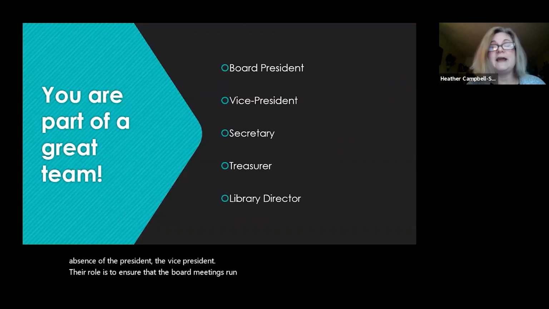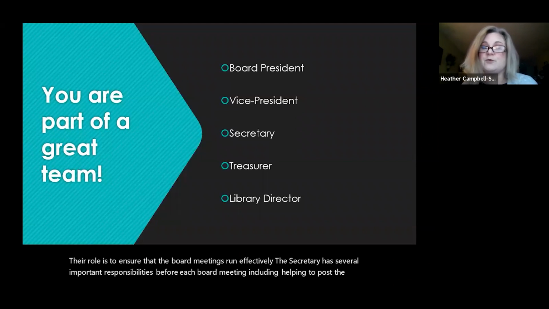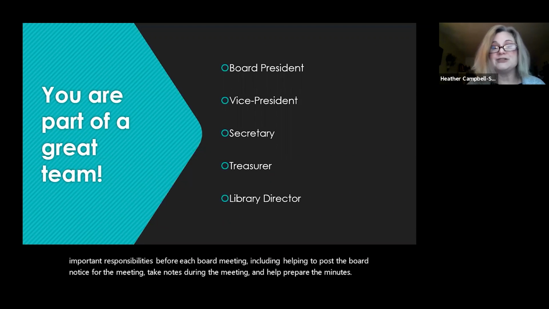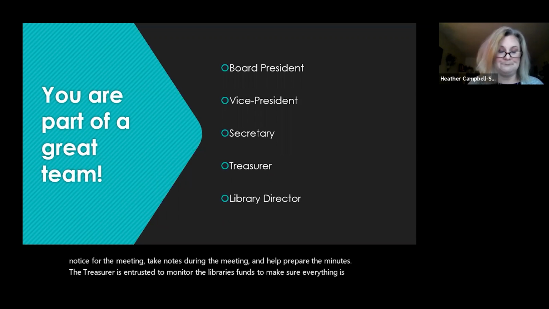The secretary has several important responsibilities before each board meeting, including helping to post the board notice for the meeting, take notes during the meeting, and help prepare the minutes. The treasurer is entrusted to monitor the library's funds to make sure everything is being spent appropriately.